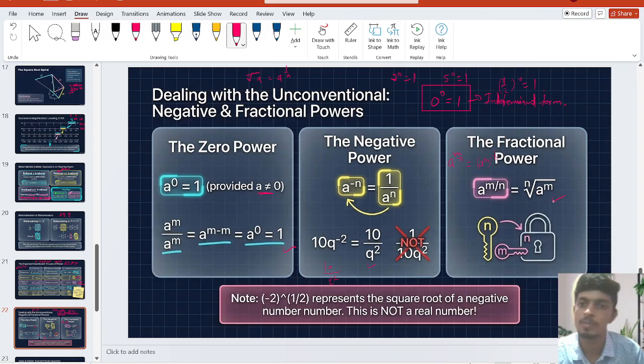So minus 2 raised to the power 1 by 2 represents the square root of a negative number. This is not a real number. It is a complex number. We will discuss it in class 11. This is not a real number.